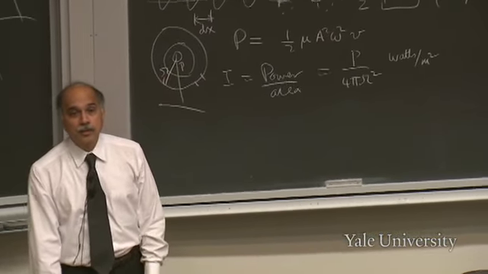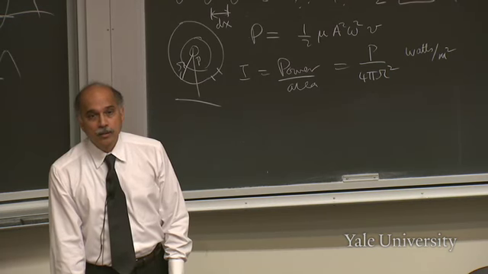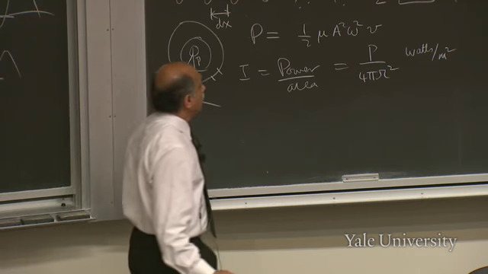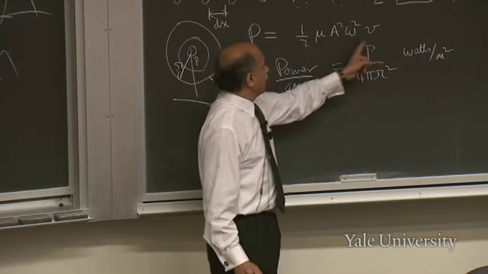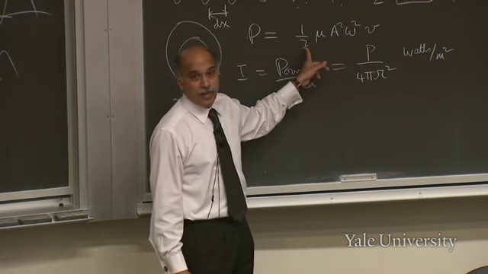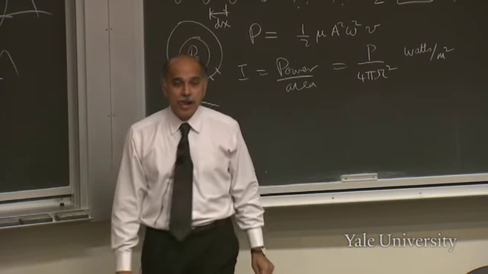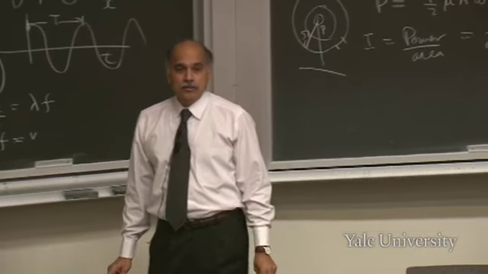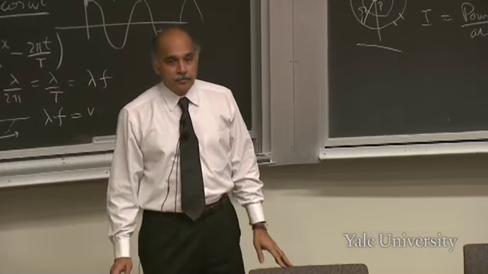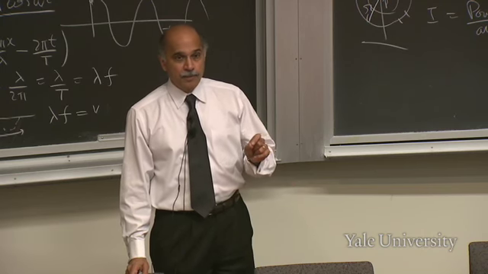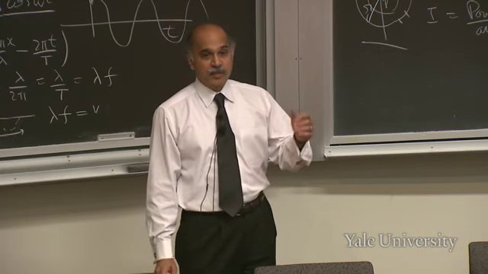Yes? The P equals half mu a squared omega squared b, does that require a T at the end? Because there's units of... This one? Yeah. What else do you think it should have? Should have a T at the end. T for time period? Right. Why? Just because that's energy per length, and you're multiplying by... It's energy per length, but if I wait 1 second, the wave has gone a distance v times 1 second.